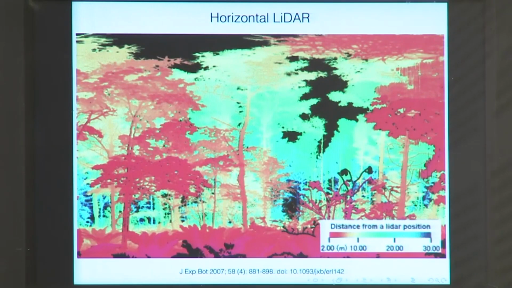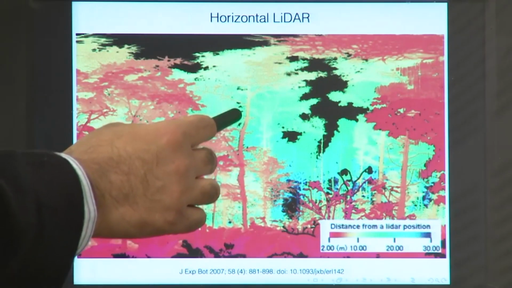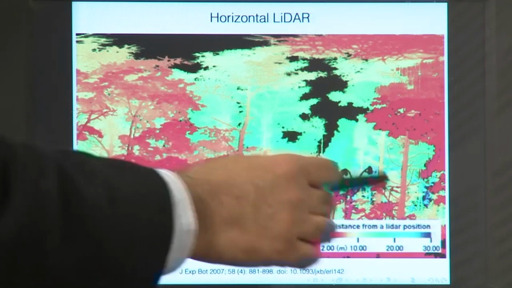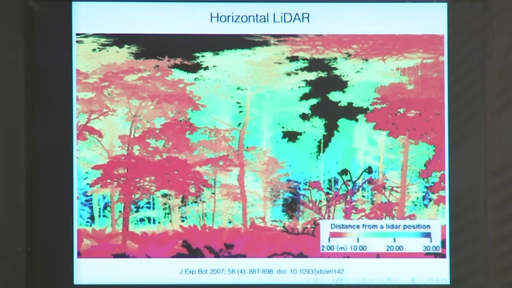Now, in the case of this horizontal LiDAR, if you go through these operations, you can find out where each and every one of these trees is located, because you have this information in a 3-dimensional space. Now, in this 3-dimensional space, you know the location of every tree, you know the girth of every tree, and so by using the horizontal LiDAR, you can figure out the amount of biomass or the carbon that is there in your forest with much greater precision as compared to the vertical LiDAR.